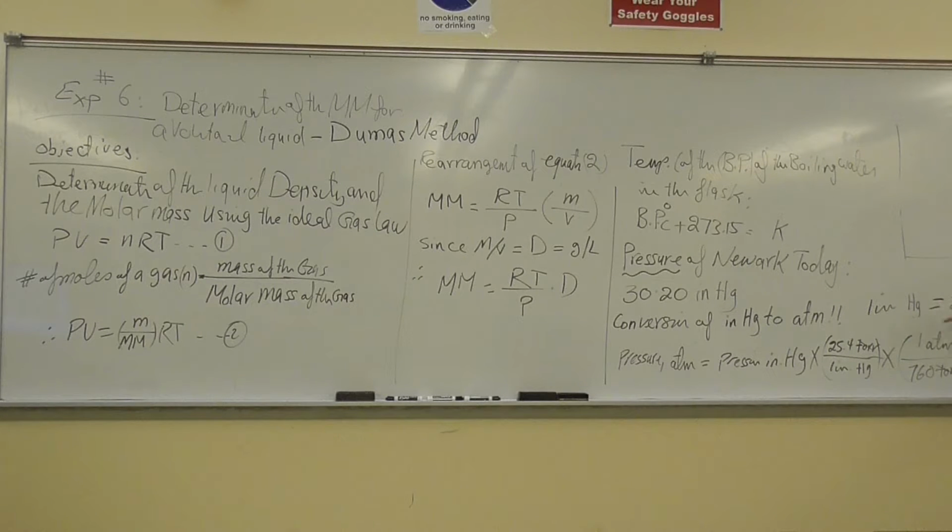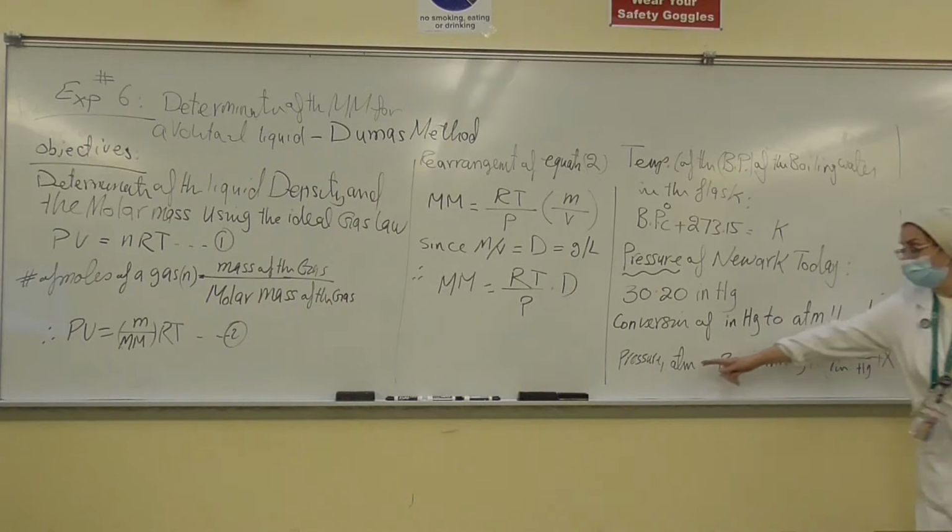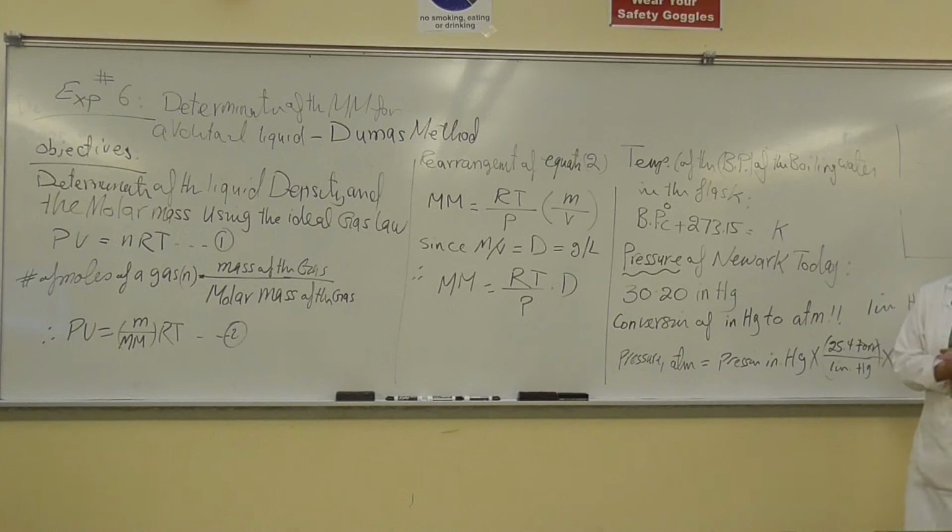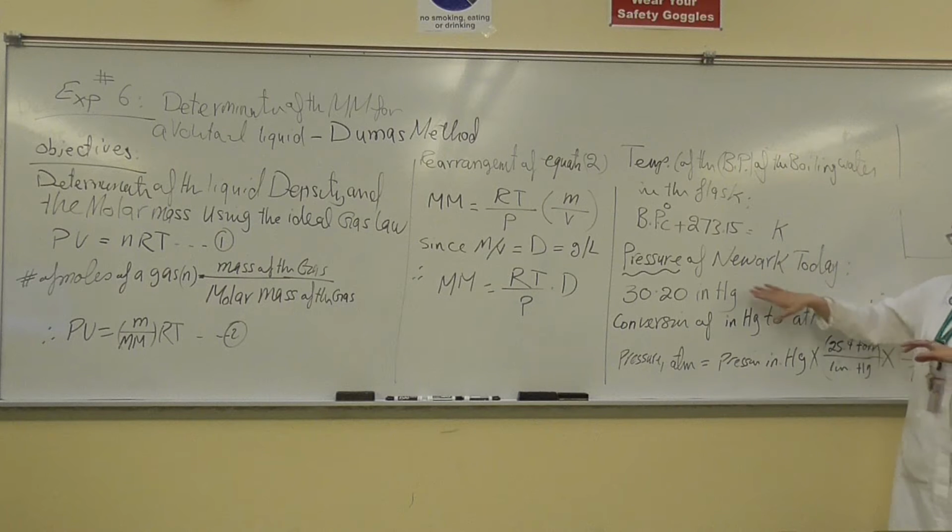The equality is 1 inch mercury equals 25.4 torr. So I multiplied by 25.4 torr, divided by 760 torr, and that will give me the ATM. So the pressure has to be measured in ATM. That's given to you. All you have to do is the calculation and then find the pressure in ATM.